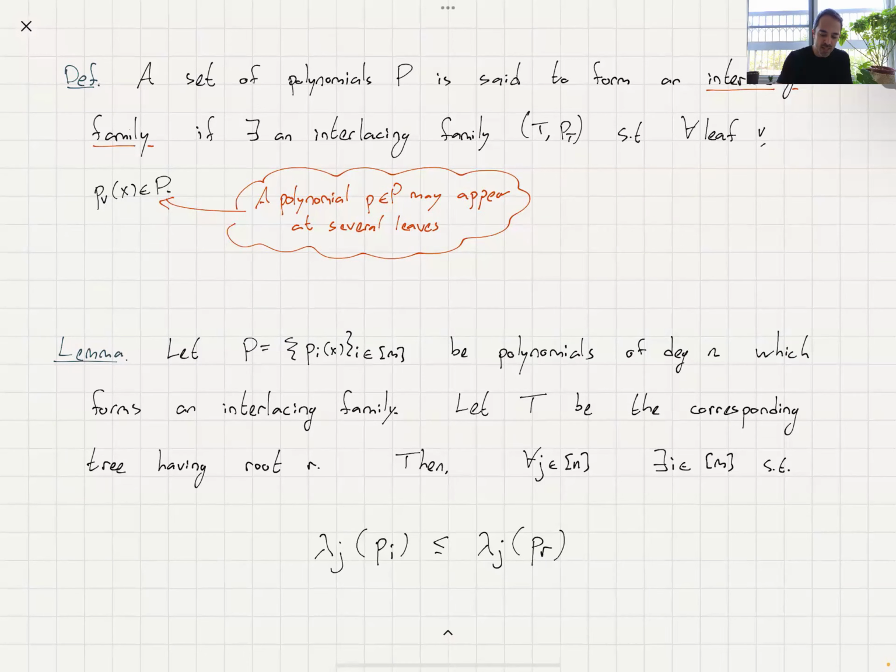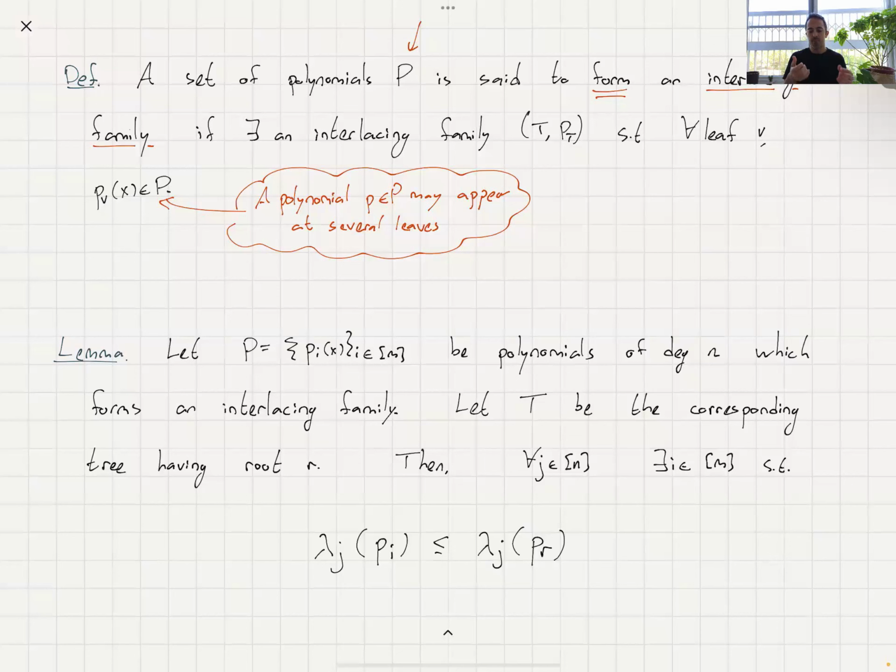So a set of polynomials, and you should think of it as just a set. We currently don't have an understanding of its structure. It is said to form an interlacing family if there exists some tree with the properties that we talked about, such that for every leaf, the polynomial attached to that leaf is from our set.